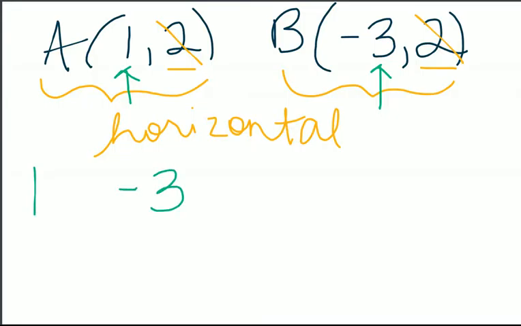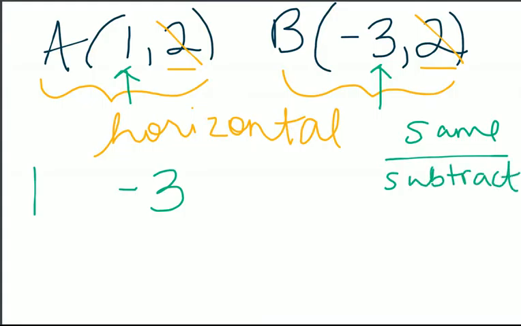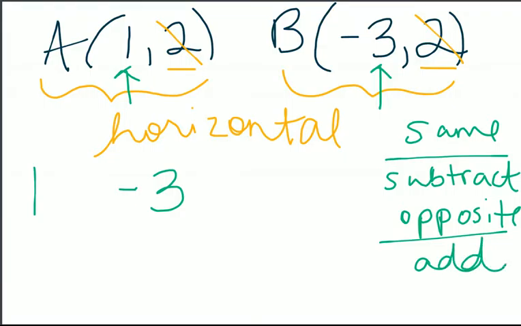Now there's a rule. If these 2 coordinates, point A and point B, are on the same side of an axis, then you subtract the absolute values. If they're on opposite sides of an axis, then you add the absolute values.